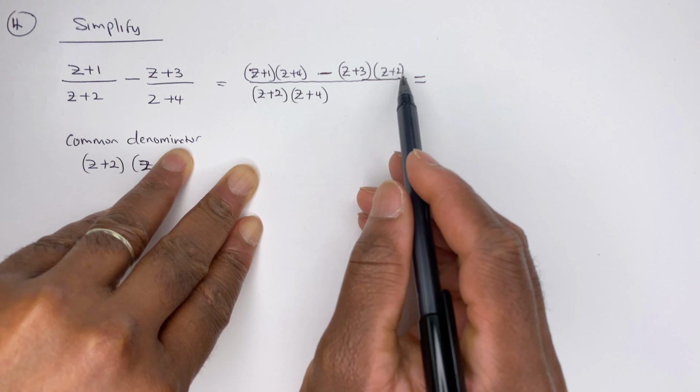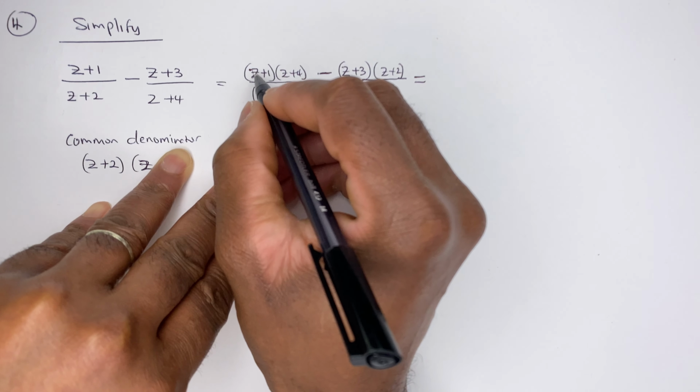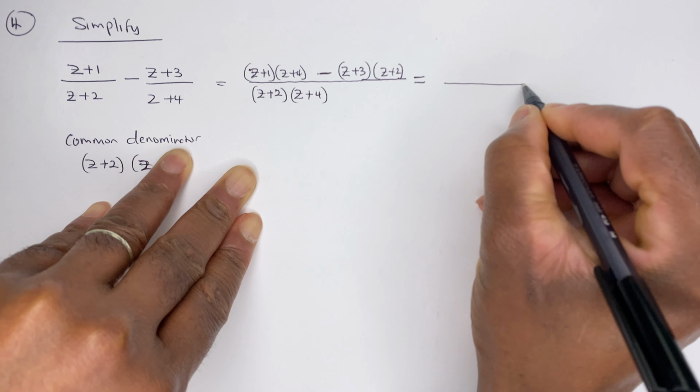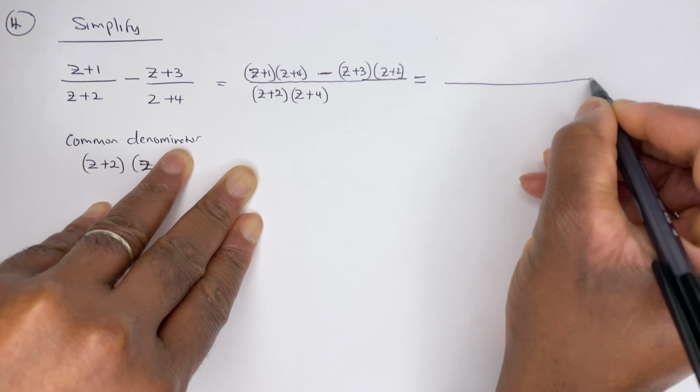What I need to do now is expand all of them in the brackets. There's a lot of expansion going on there. So let's just do this first line there. Big one, I'm afraid.